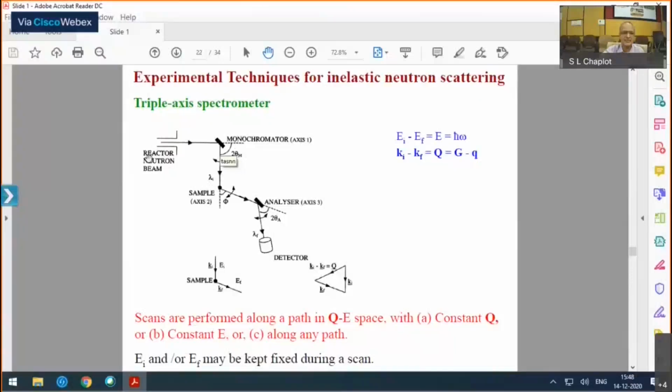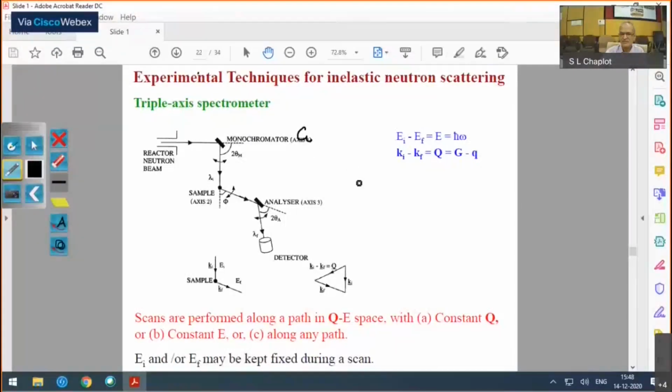For example, let's take the monochromator crystal. Let's say the monochromator is copper and the plane is 111, and at a certain Bragg angle, it gives you a certain wavelength lambda i, corresponding to energy Ei.